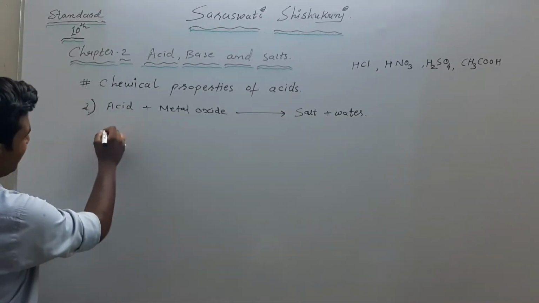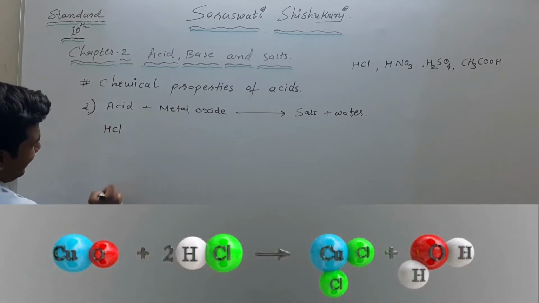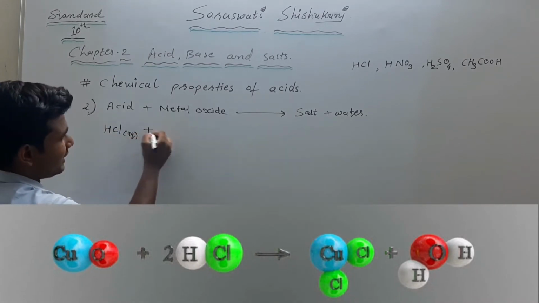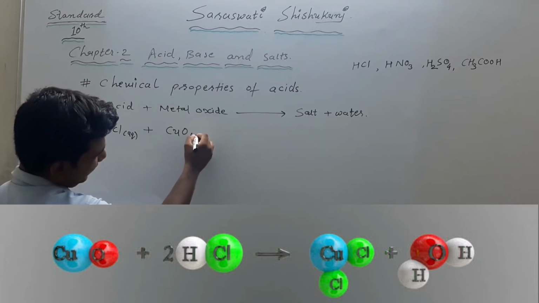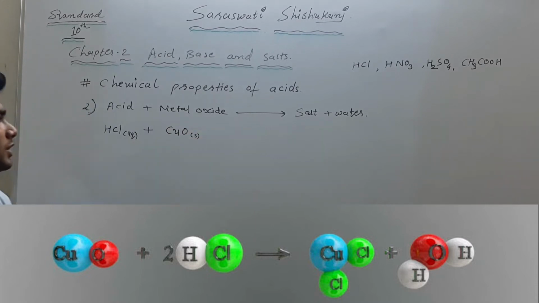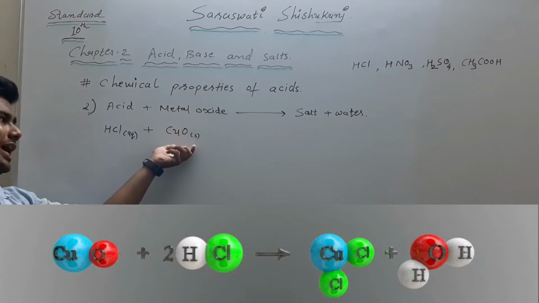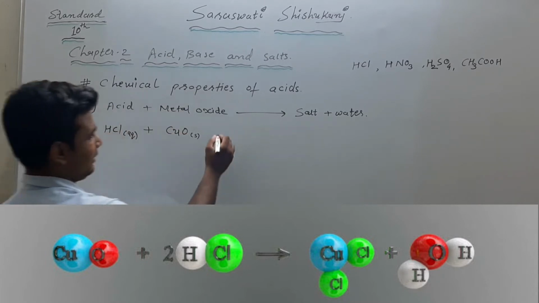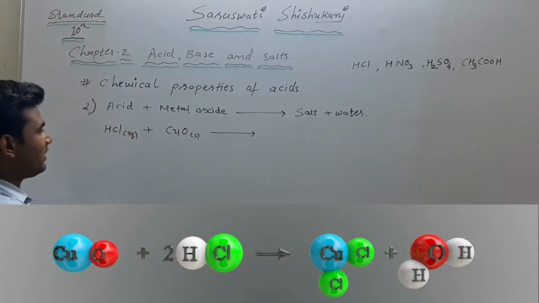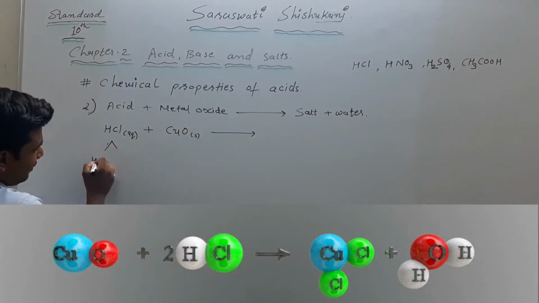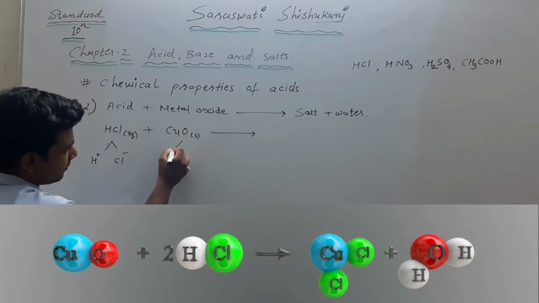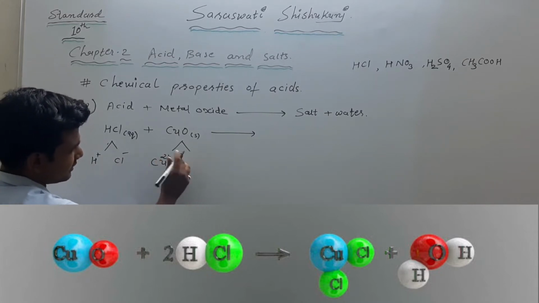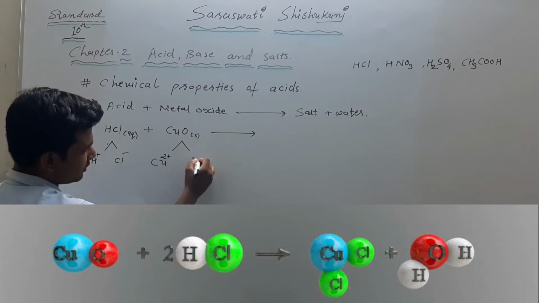Let's check that with one example, HCl in aqueous form. For the metal oxide, I am taking copper oxide. When copper oxide reacts with HCl, what will it give us? We know that Cu 2 plus and O 2 minus.